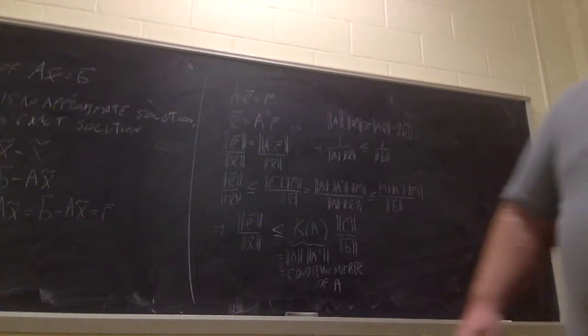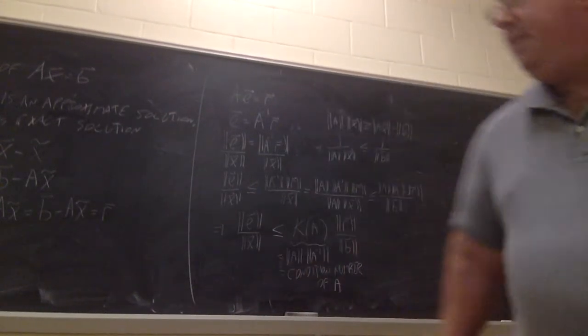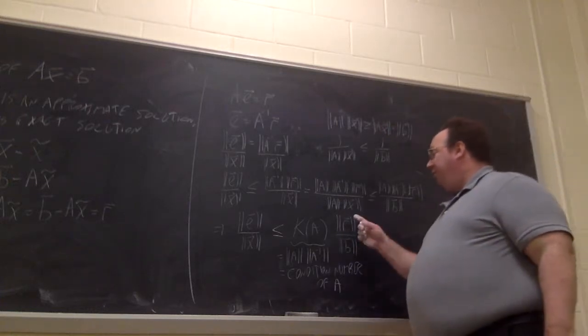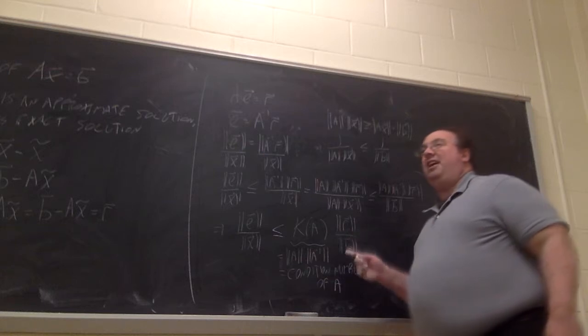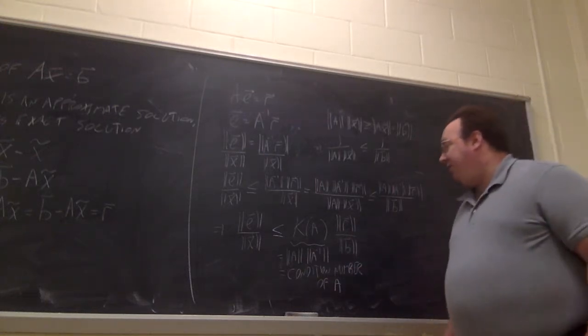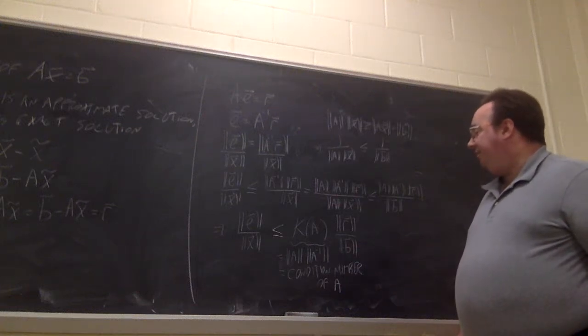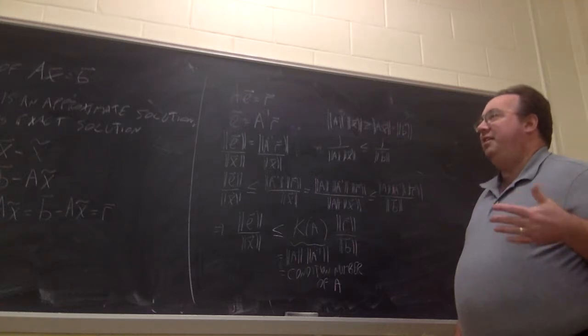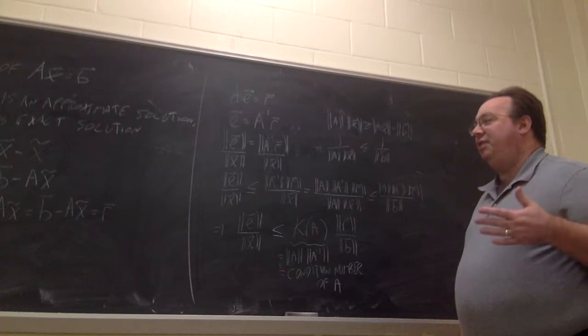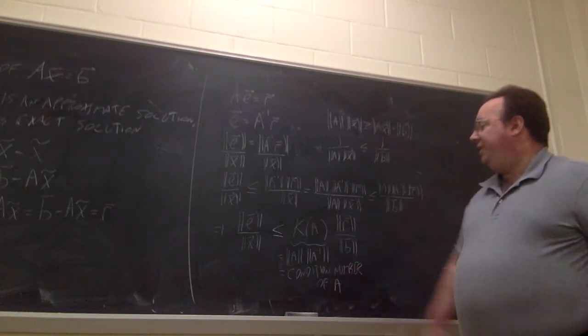So that is how we measure the sensitivity of a problem Ax equals b, through the condition number. So what that means is, suppose we change the right-hand side of Ax equals b, we change b, or if we change A, the change of solution can be amplified by up to the condition number.